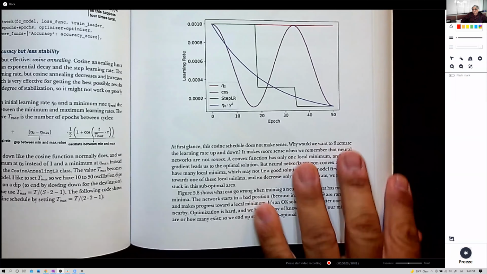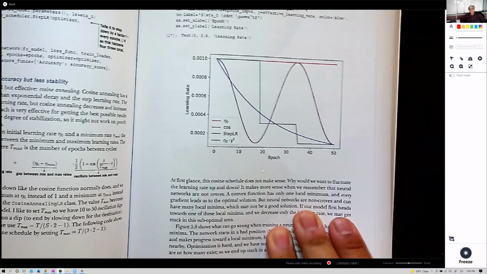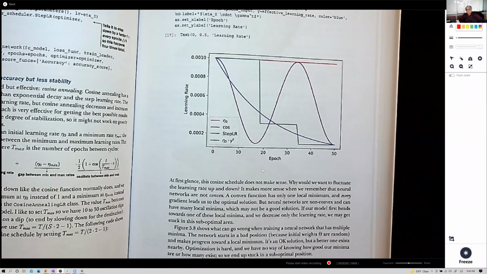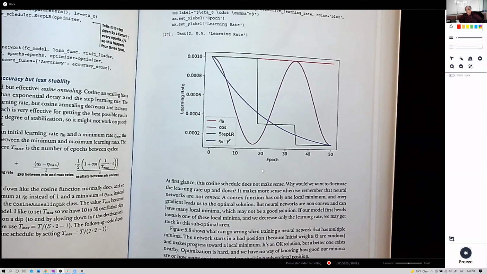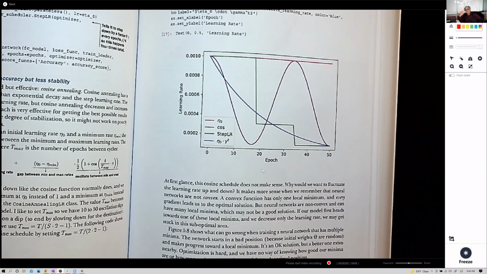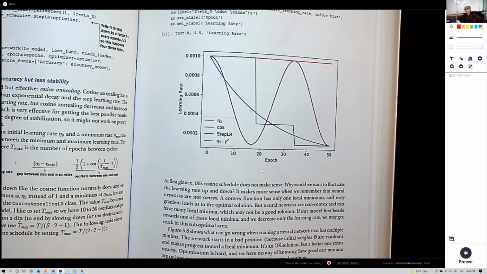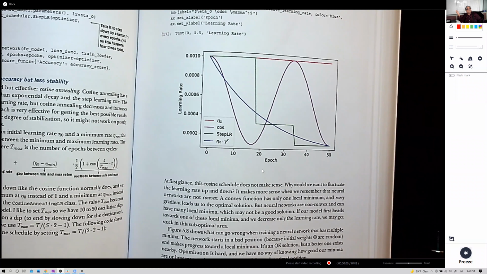Now let us bring this crazy cosine one also. Now that looks pretty crazy to anyone till you think about the whole theory and you realize that the loss landscape is filled with local minimas. And then if you have a background in material science and physics, you say, aha, 100 years ago, we figured out how to solve this.